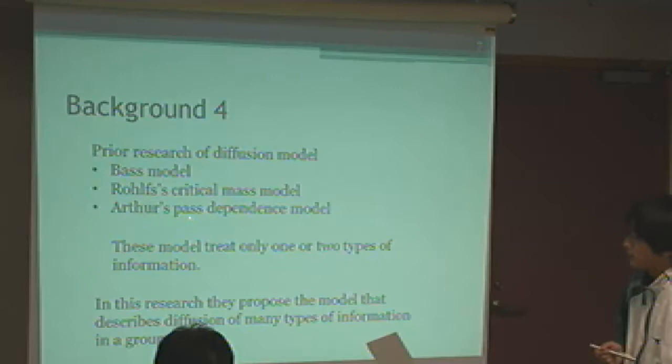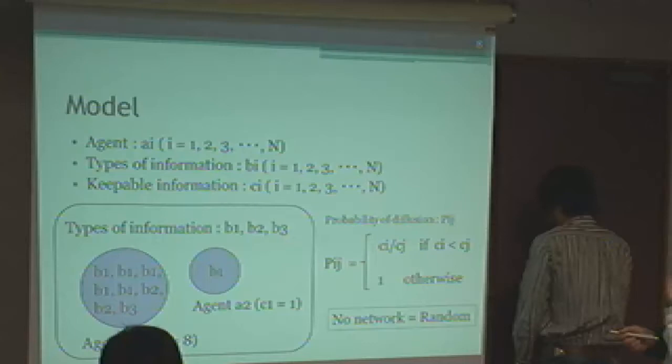And this is an image of agents. For example, agent A1 can keep 8 pieces of information, and the types of information are B1, B2 and B3. And agent A2 can keep only one piece of information, one type of information.